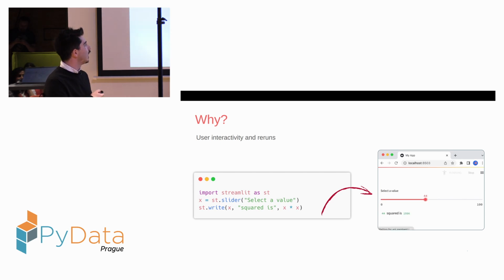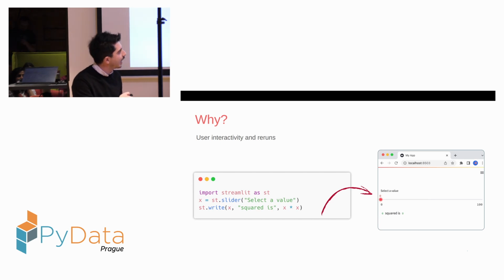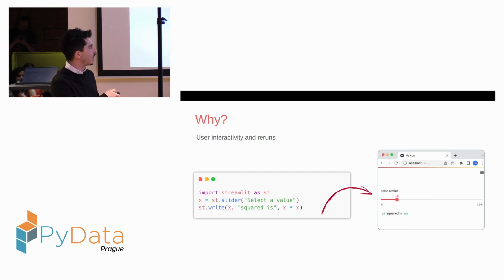Here, when the user releases the button, it just reruns the whole page and turns out the output. This is what I really fell in love with. Otherwise, you have a lot of callbacks to write.